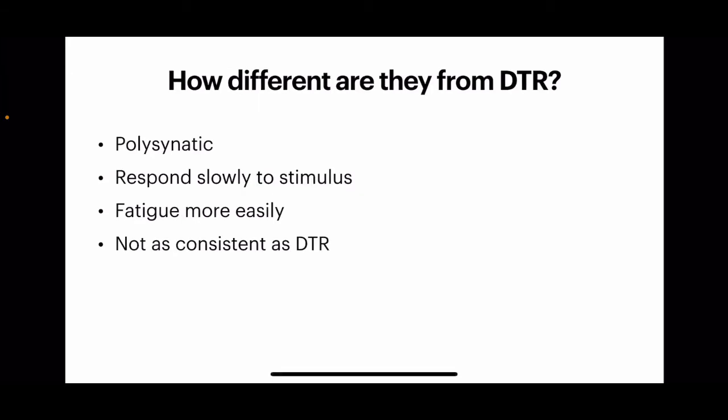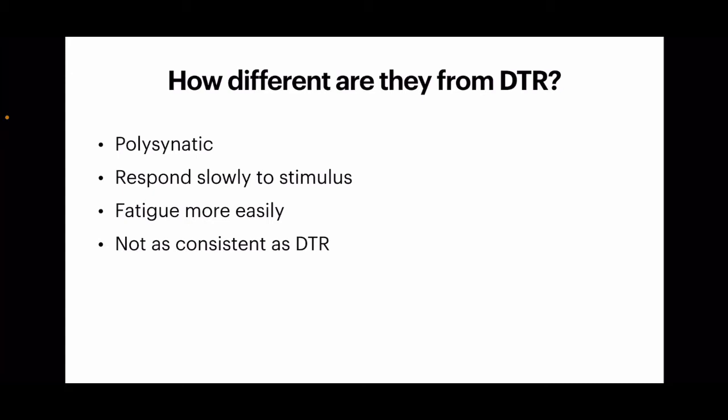So how different are they from the deep tendon reflexes? This is very important. The difference between the superficial reflexes and deep tendon reflexes, based on physiological points: first, the superficial reflex is polysynaptic, whereas you know that deep tendon reflexes are monosynaptic. Superficial reflexes have a latency period, that is, it will take some time to respond, and they are easily fatigable.